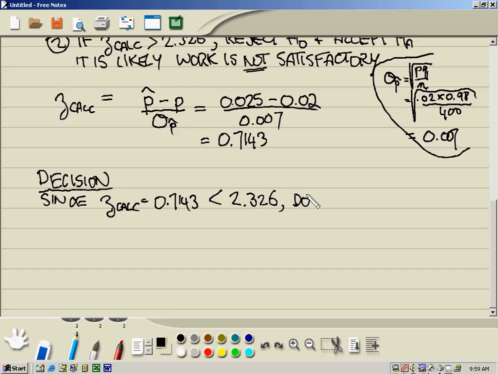We cannot reject the null, do not reject the null. And the same interpretation, it is possible the work is satisfactory.